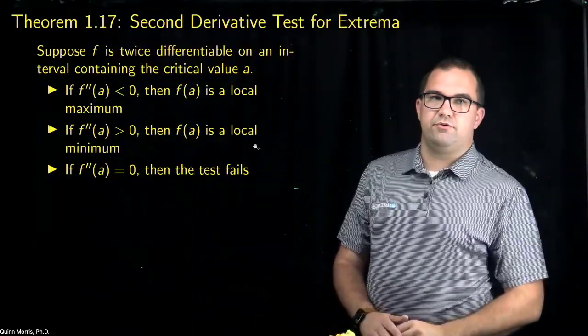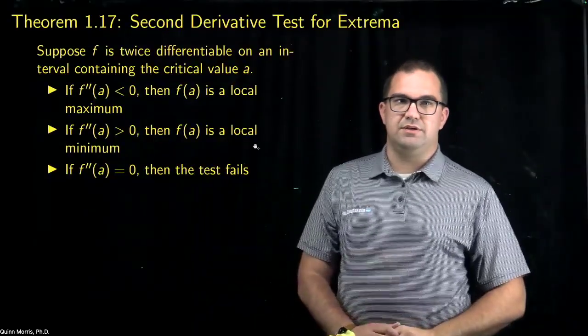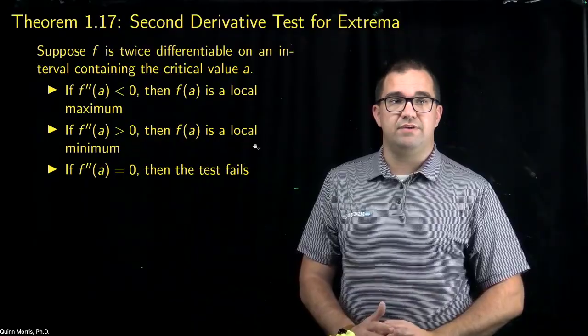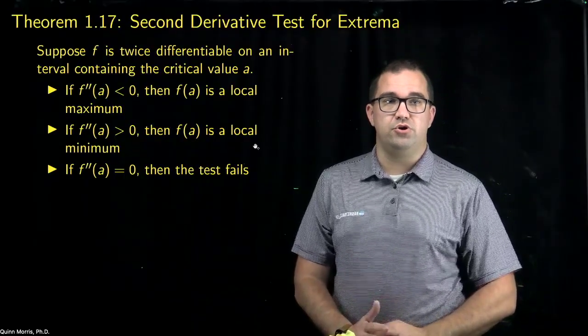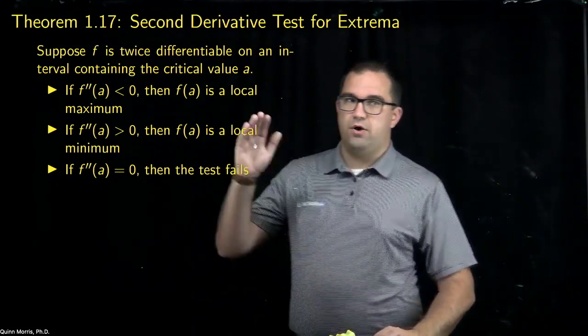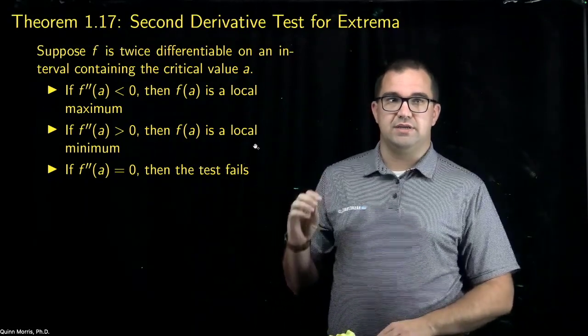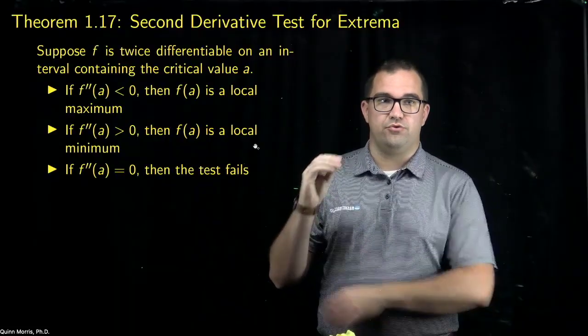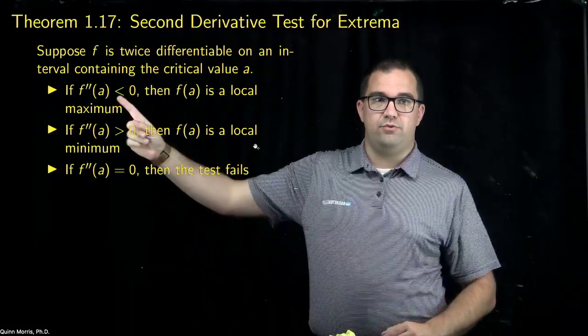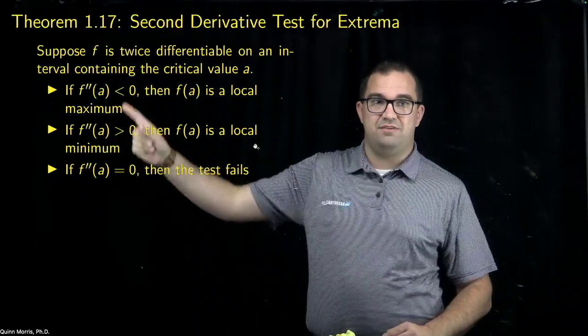The second derivative test is fairly straightforward. Suppose f is twice differentiable on an interval containing the critical value a. Before we go into the results, let's think about this for a second. We're assuming that f is twice differentiable on an interval containing the critical value a, and we're going to talk about the second derivative at a.